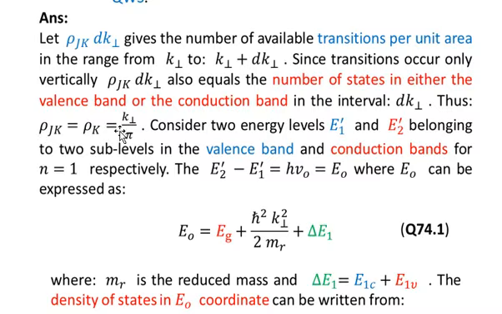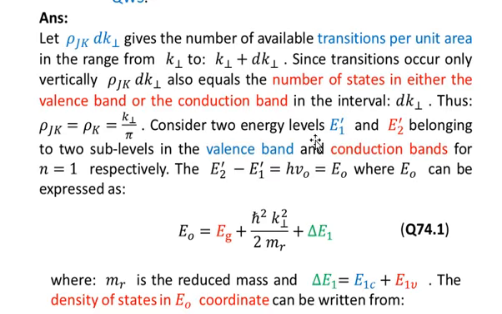So here we are taking the data from the expression in the previous slide and plugging in that value over here. So rho jk is equal to rho k is equal to k perpendicular over pi. You know that k perpendicular was defined on the xy plane of the quantum well semiconductor.